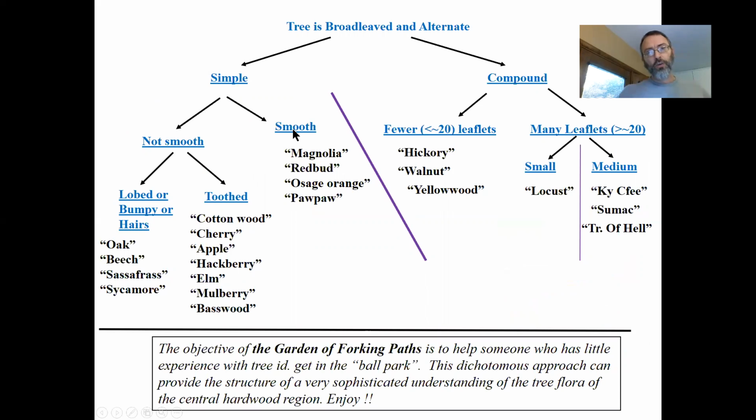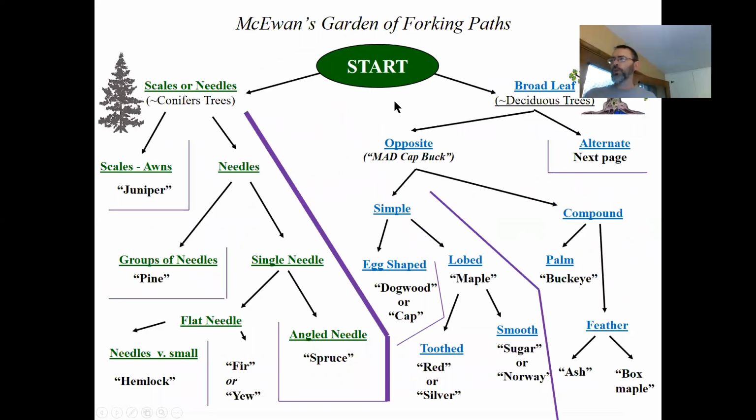This is entire, remember that. Here we're counting the number of leaflets. So this is all, and this is toothed, like serrate. So all the words that you've already learned apply over on this side as well. So now you know basically all the words you need to know down this path, this Garden of Forking Paths.